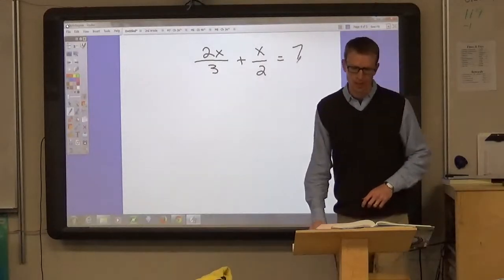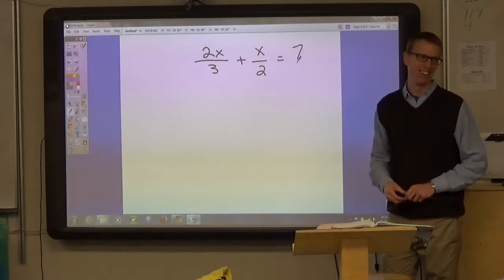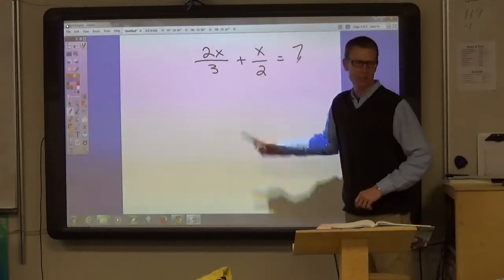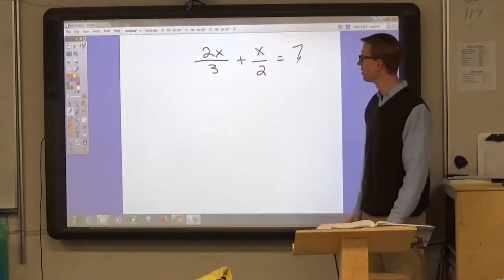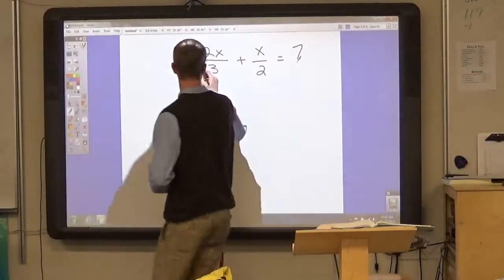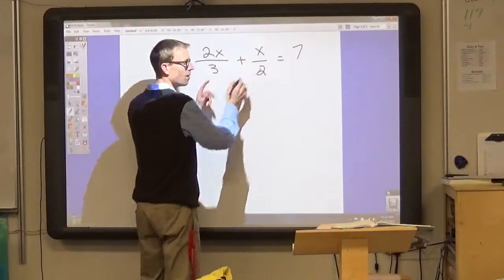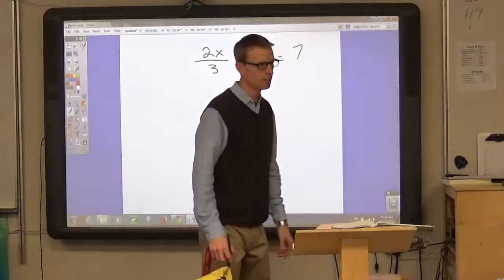Now, we really love working with fractions, don't we? No. What if we could get rid of these fractions? That'd be awesome, wouldn't it? We could get rid of these fractions. You can do that. You can multiply by the common denominator to get rid of the fractions.